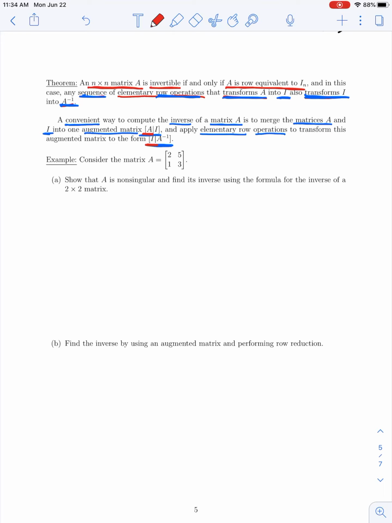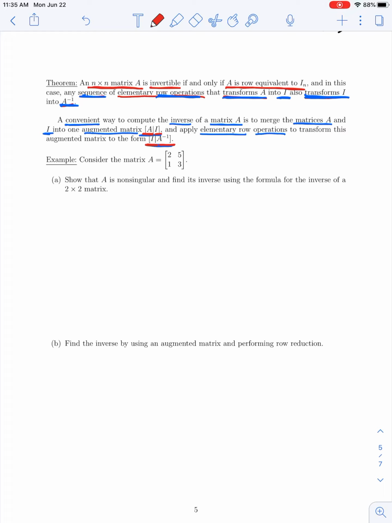And our theorem that we just looked at said that the same series of operations, performed on the identity matrix I, which is the right-hand side of this augmented matrix, will transform that matrix into A inverse.